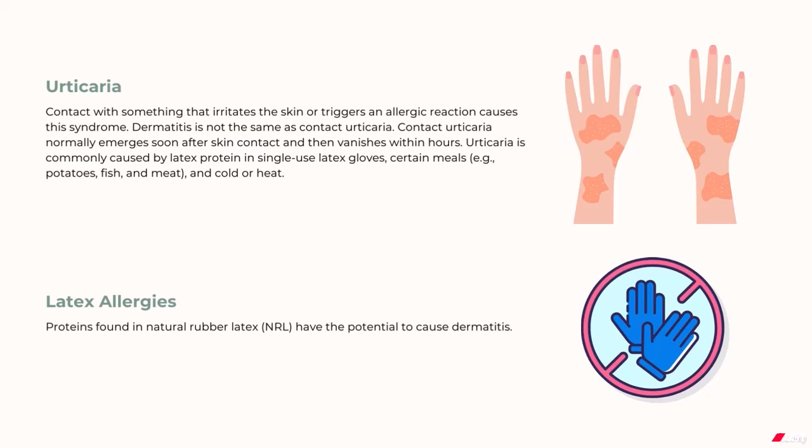Urticaria is commonly caused by latex protein in single-use latex gloves, certain foods, for example, potatoes, fish, and meat, and cold or heat. Latex allergies. Proteins found in natural rubber latex, NRL, have the potential to cause dermatitis.